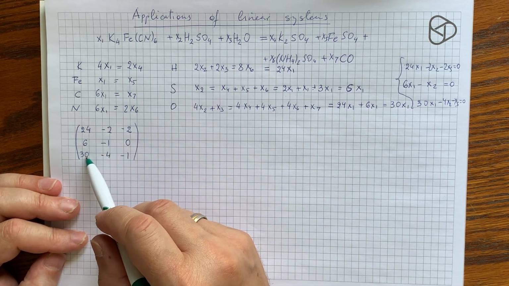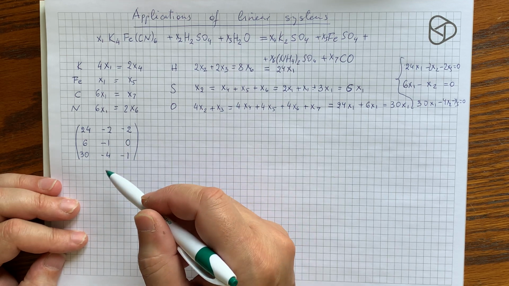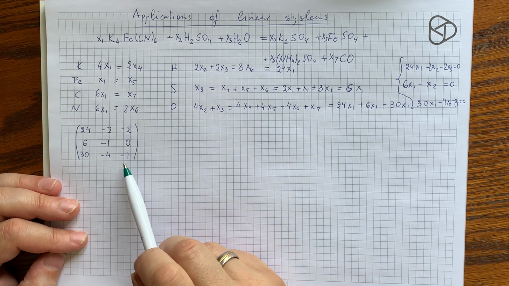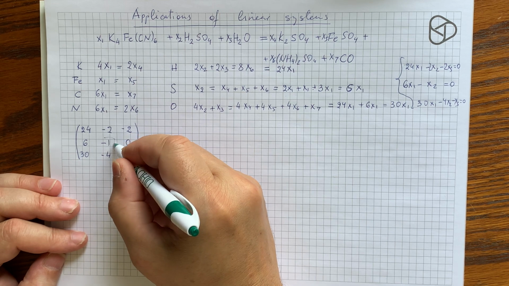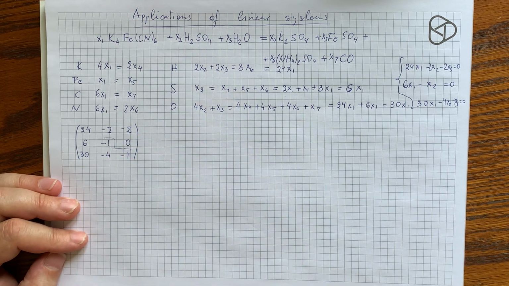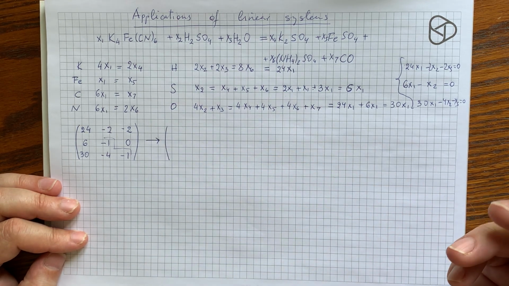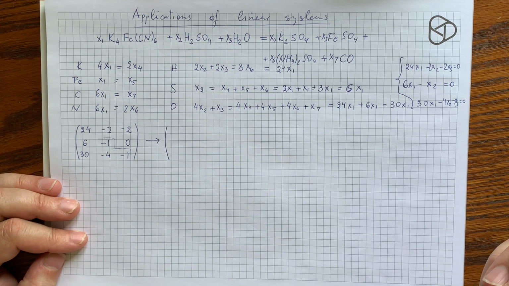So if x1 is a free variable, then we should express the rest, if possible, as functions of x1. And we actually can, because we have two potential pivots sitting in the system, for x2 and x3. So we could use them to pivot the system around them, and then write the row echelon form and then reduced row echelon form in terms of them.